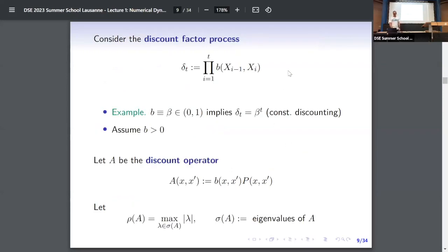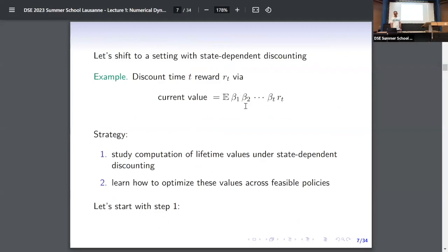Okay, so we've got a Markov chain. This Markov chain is going to be affecting the discount rate or the discount factors. So in particular, when I discount at time t, my time t discount factor is this product here, which is affected by the X process. So that product that you're looking at there is this guy.